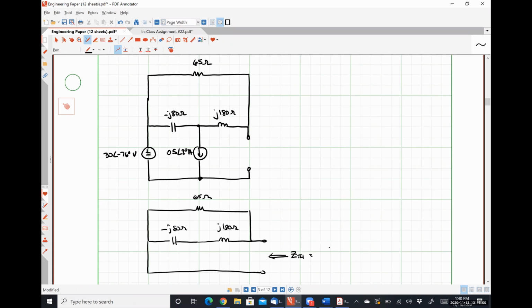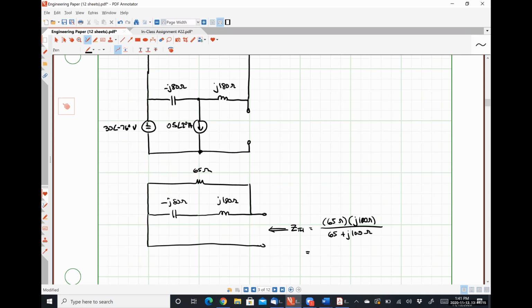All right. 65 times 100J over 65 plus 100J is 54.499 with an angle of 33.024 degrees, ohms.